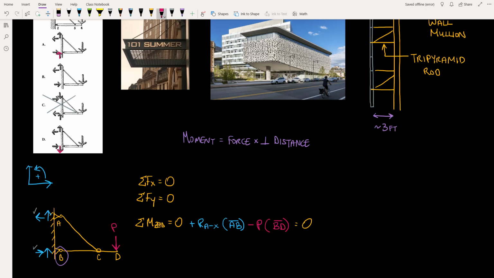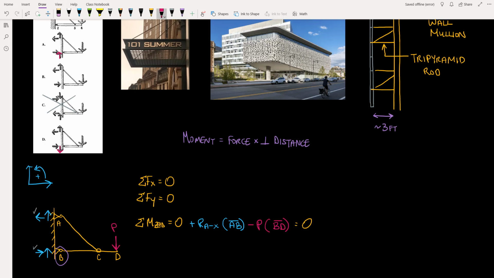We could try taking a moment at C or at D, but that would still give us both of these forces in the equation, and we couldn't really separate one from the other. And of course, taking a moment at A would eliminate both forces completely from the equation. So there's still one remaining trick that we need to use in order to answer this question.